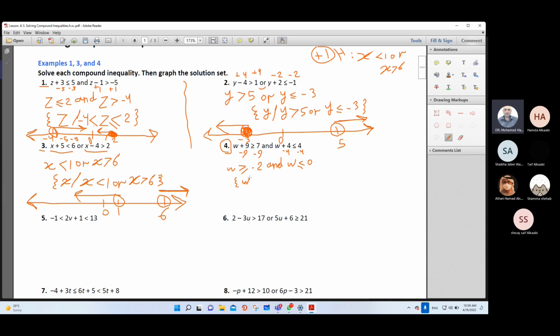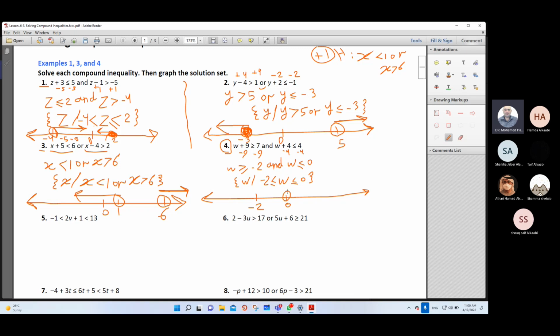So the set of the solution: W such that W is between two values, W greater than or equal negative 2 and less than or equal 0. Then we can graph. This is 0 here, and represent here negative 2.